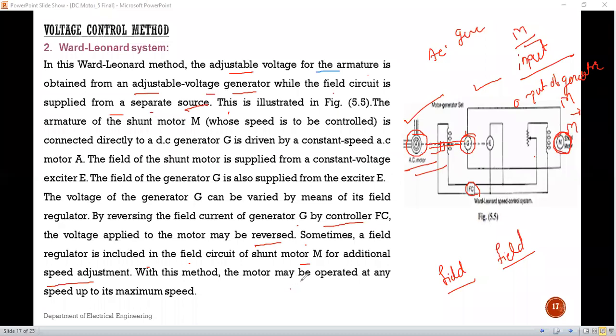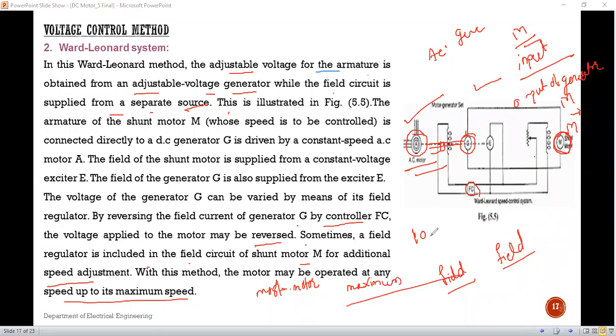So with this method the motor may be operated at a speed up to its maximum speed. So this is the most important point. So motor speed can be obtained up to its maximum speed. त्याच्या maximum speed पर्यंत आपण काय करू शकतो, speed control करू शकतो.